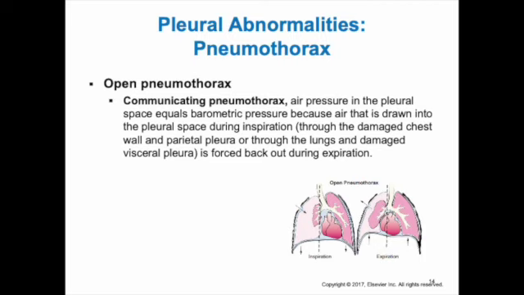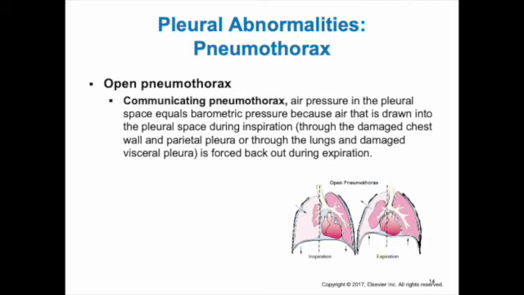A pneumothorax in general is the presence of air or gas in the pleural space, and this is caused by a rupture in the visceral pleura. The visceral pleura is the area that surrounds the lung. It can also happen in the parietal pleura and the chest wall.